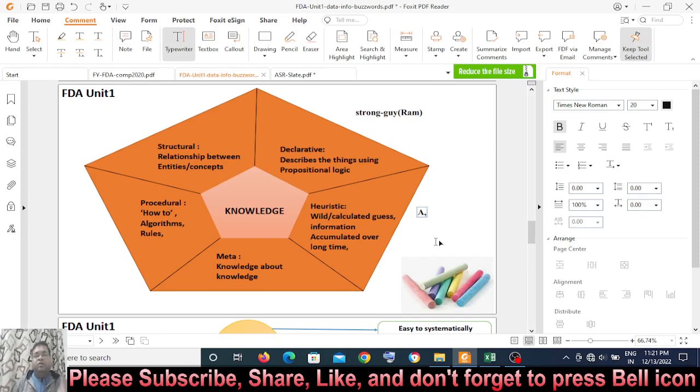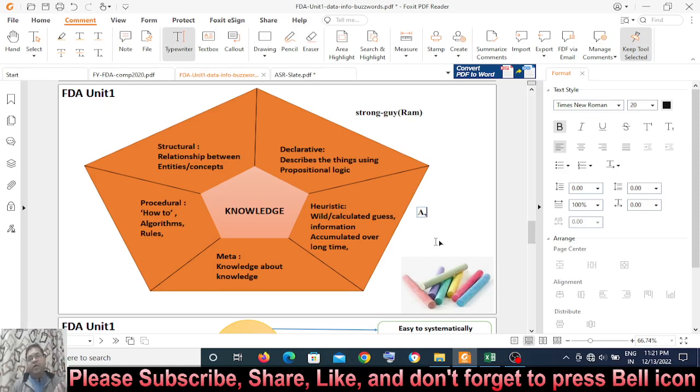Now, meta knowledge. Meta knowledge is the knowledge about knowledge. It is too complex if you go spiritually. It is what we call the source of the entire creation. That is what we call meta. But when it comes to artificial intelligence, meta knowledge is the knowledge about knowledge, meaning the control structure of declarative, heuristic, procedural and structural knowledge.